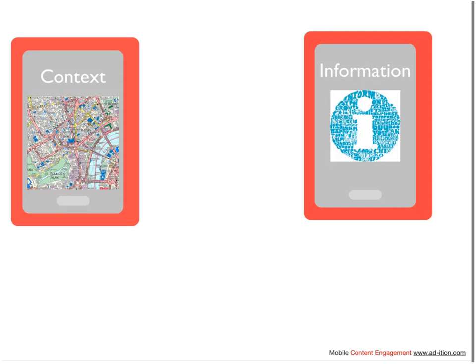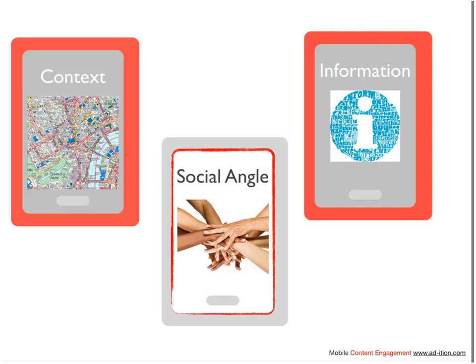Once elements of the application can be put into context, so what does it mean to me geographically, usually, and once you give me information so I can make intelligent decisions, and once there's a bit of a social angle, as we saw people with their smartphones are very big on reading reviews and getting feedback from their peers. That social angle allows me to do that.